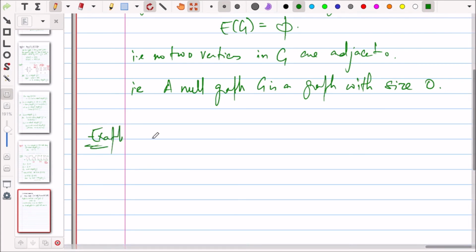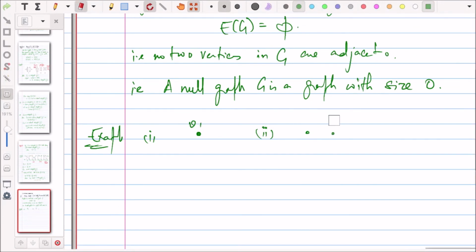So first is this V1, right? एक ही vertex है, or we can take two vertices, but there should be no edges. Or we can take more vertices, but edges should not be there.